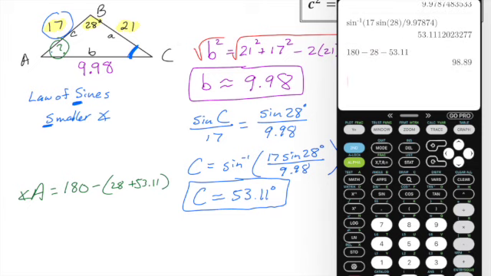And angle A is in fact 98.89 degrees. So it did turn out that angle A was obtuse.